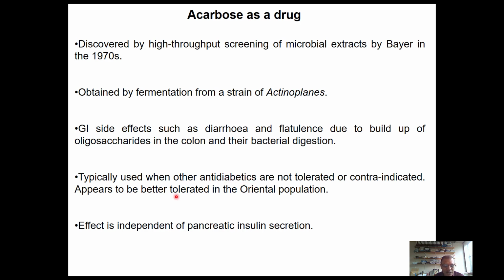And finally, this is a drug that works in the GI tract by reducing the absorption of glucose from dietary starch. So this is a mechanism that is independent of insulin production, and for that reason this would be a drug that can be used if the patient does not have functioning pancreatic beta cells.